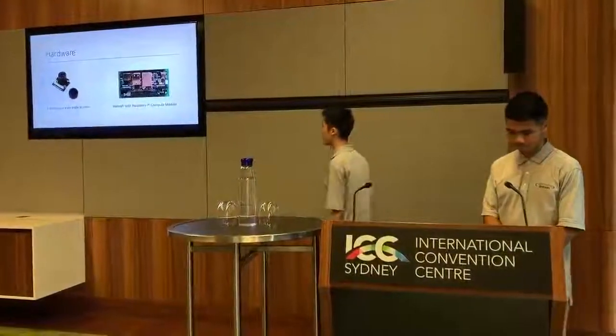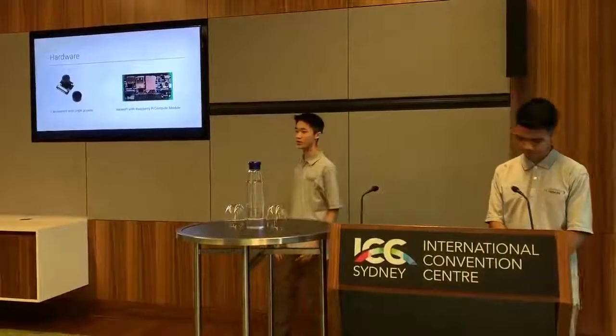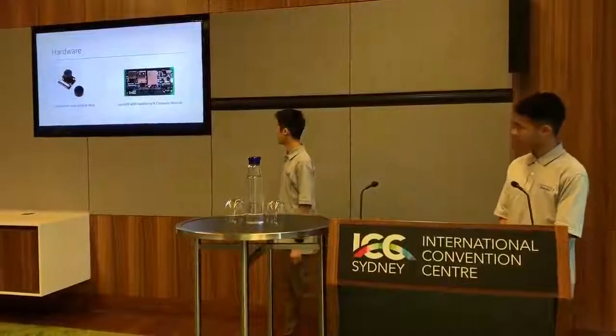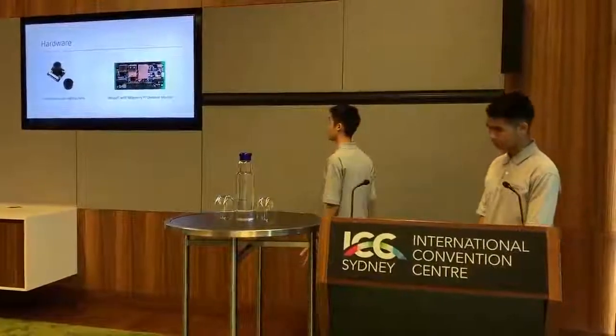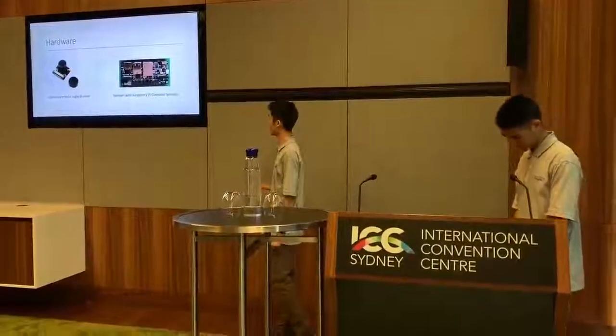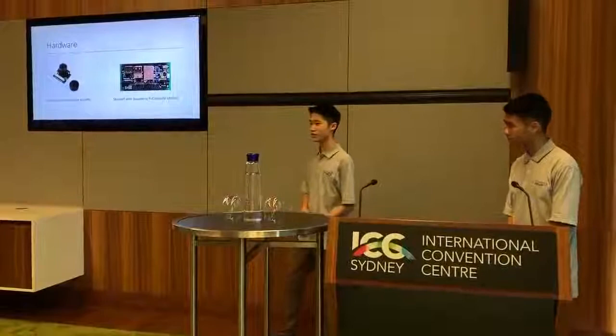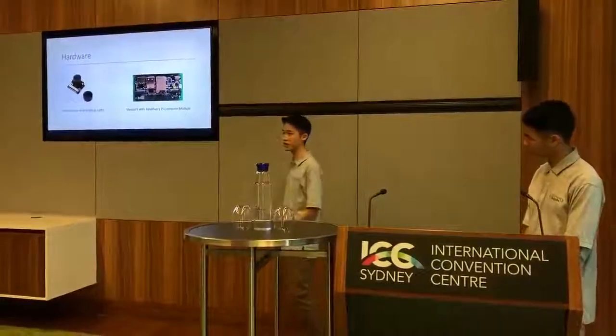In terms of hardware, we're using 2 Waveshare wide-angle Pi cams, one on either side of the robot. And we're also using the StereoPi with the Raspberry Pi compute module. The StereoPi gives us access to 2 Pi cams. We actually did use a conventional Raspberry Pi before, but the issue is that you can only attach 1 Pi cam.